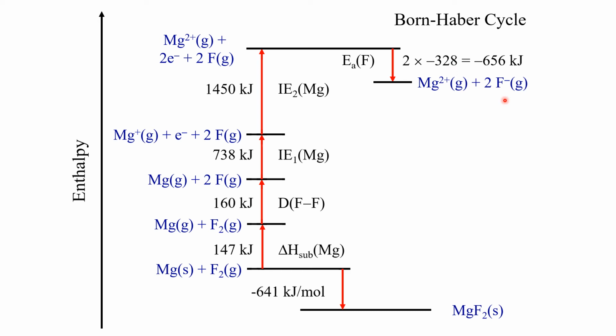And we're actually making 2 moles of fluoride, so we're going to have twice that, or negative 656. And yes, now I realize that this is not exactly to scale. So now we've got magnesium plus 2 ions. We have 2 fluoride ions, or 1 mole and 2 moles. And all that is left now is for these to actually come together to form the solid, and the energy associated with that.